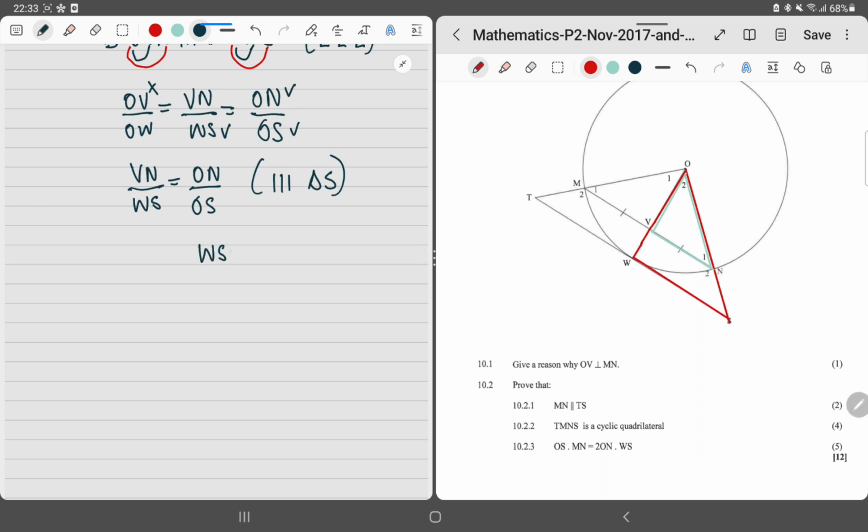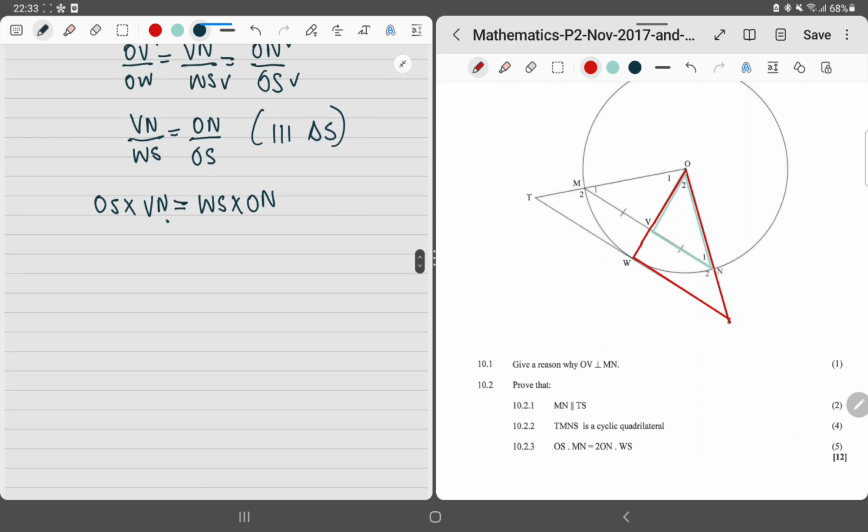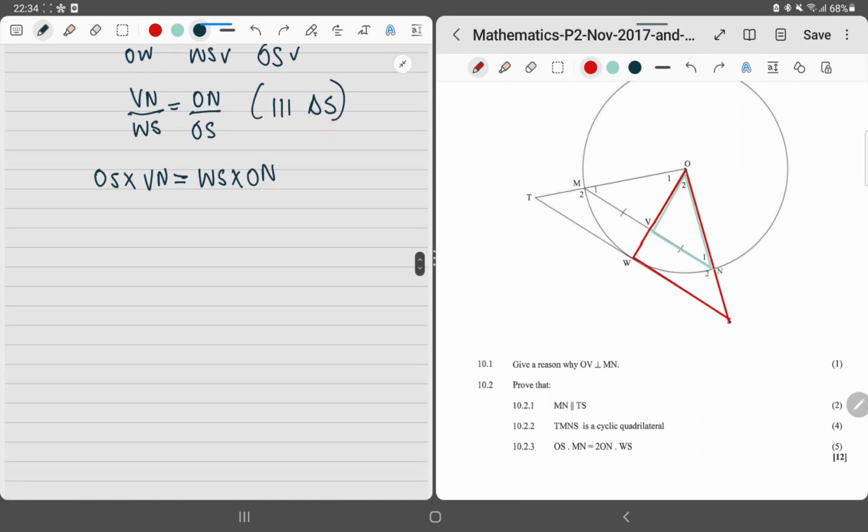So WS multiplied by ON is equal to OS multiplied by VN. This VN there is not there, so I need to find a way to eliminate the VN. And then out of nowhere I have a MN. So MN should be equal to MV plus VN.